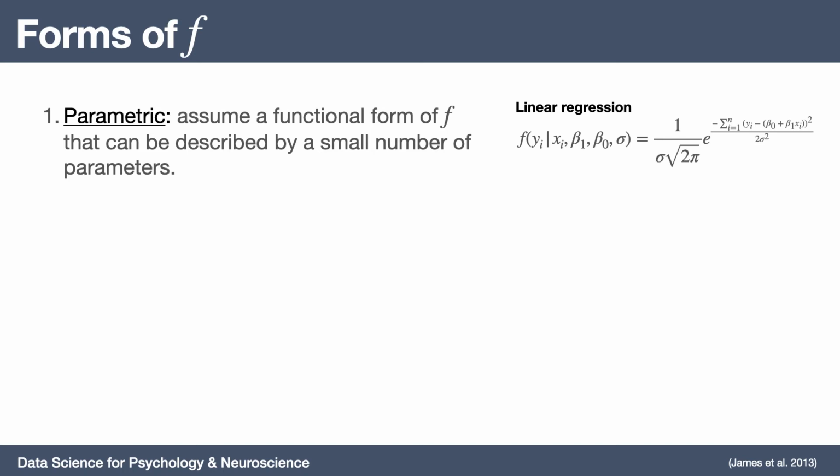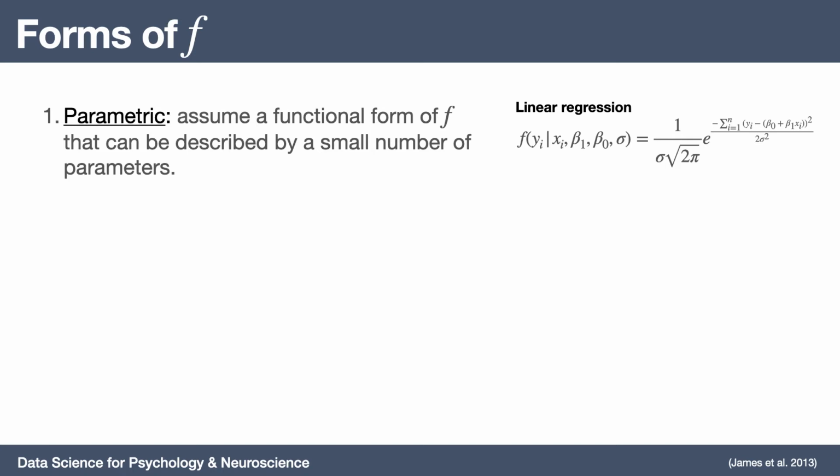And the only parameters you need to learn are, in this case, beta 1, beta naught, and sigma, the variance of y. If you learn just beta 1, beta 0, and sigma, you can describe the entire complex relationship because you're assuming that it fits into this equation for the Gaussian distribution. And when we go over the proof for the ordinary least square solution in a future lecture, you'll see why this is.